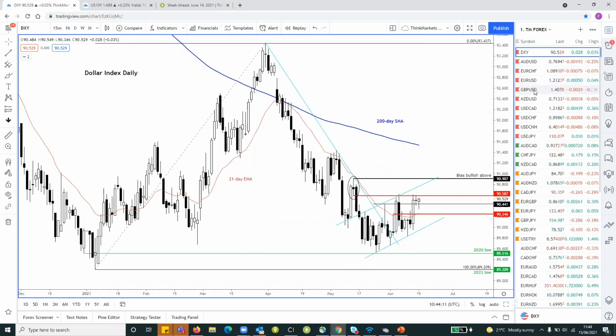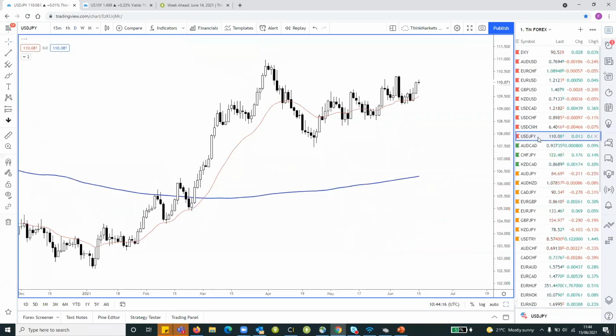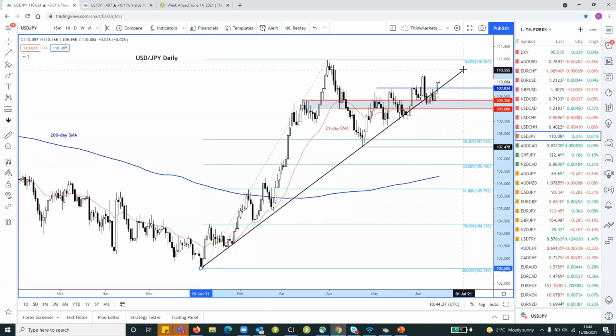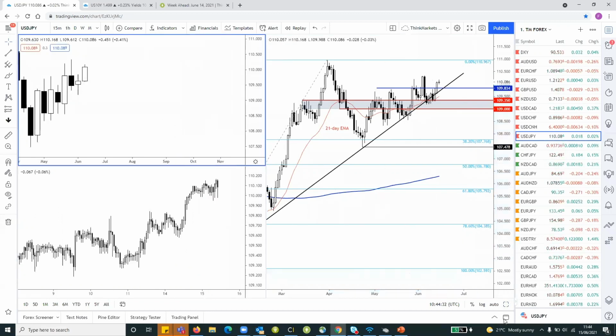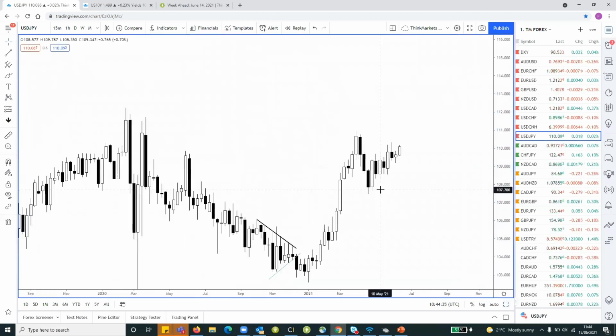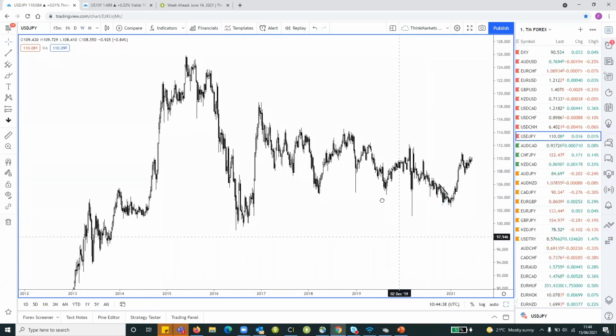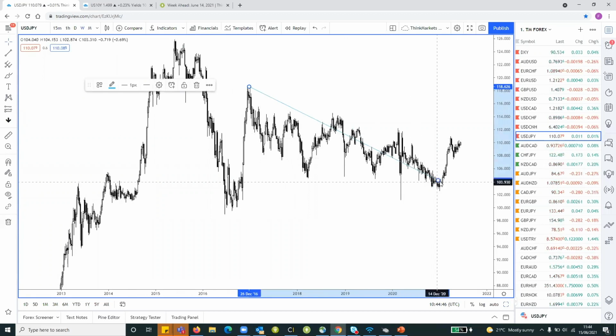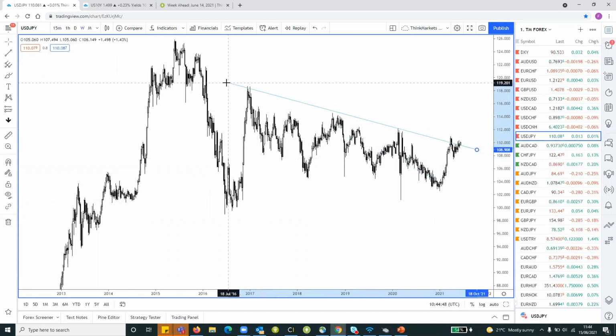This is something to think about. The Japanese central bank has kept rates so low for so long, and yet the Japanese yen hasn't really been taken to the doldrums yet. On the daily it's rising, but if you zoom out, it's pretty stable, actually, which is what they would want as central bankers.